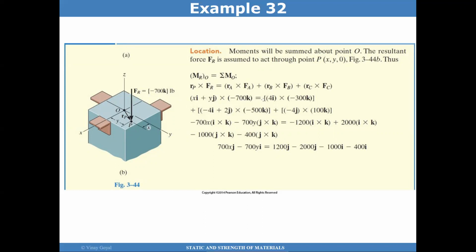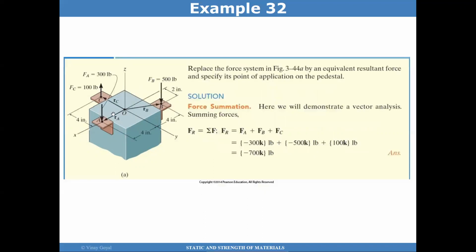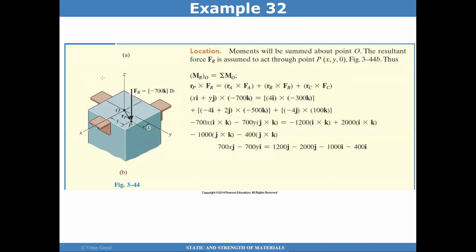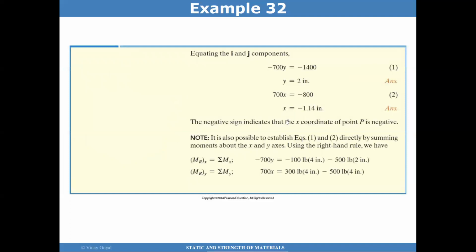That has to be equal to the moment for ra cross Fa, rb cross Fb, plus rc cross Fc. Once I do this calculation, I can solve for x and y very readily, and then determine that these two systems are equivalent to each other.